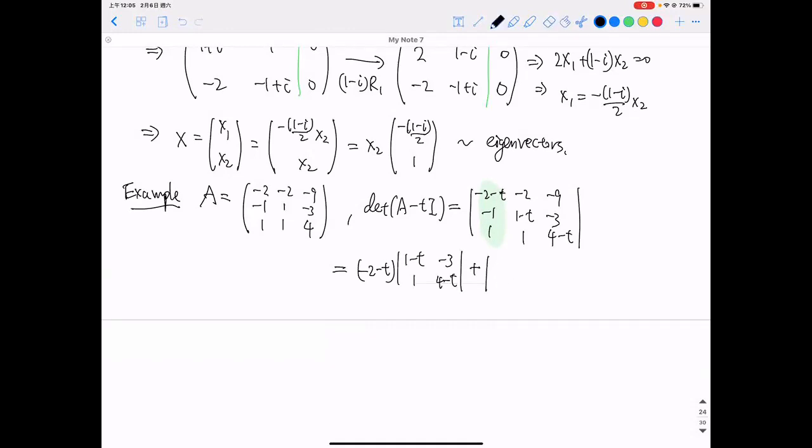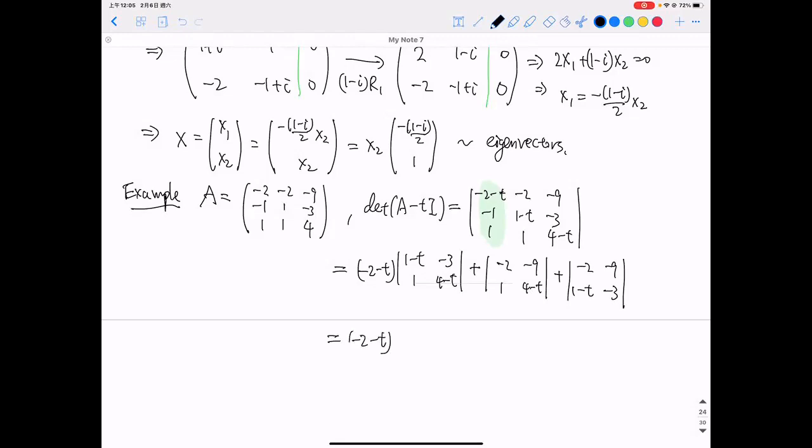So this minus 2, 1 minus 9, 4 minus t, and plus a 1, minus 2, 1 minus t, minus 9, minus 3. Okay, like that. Now we expand.